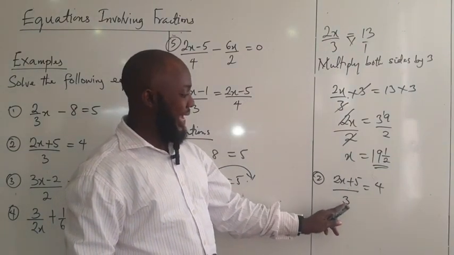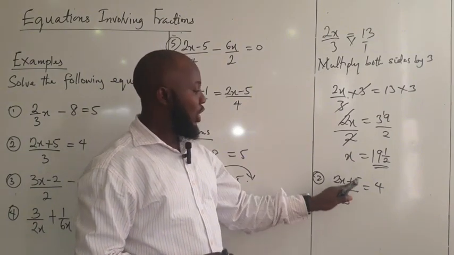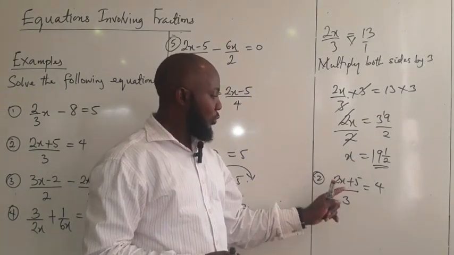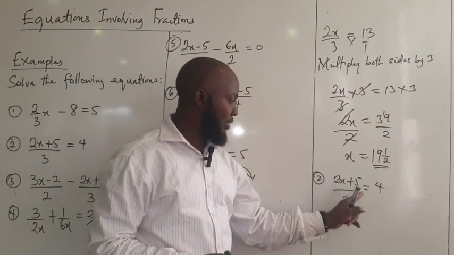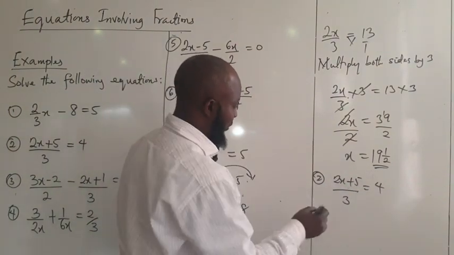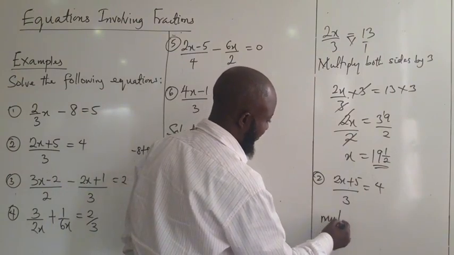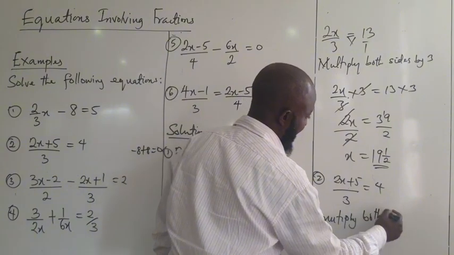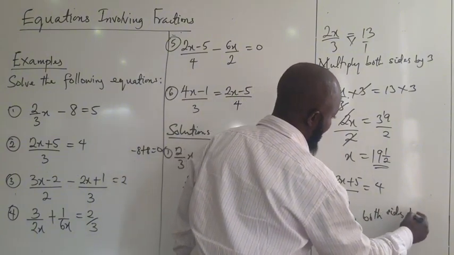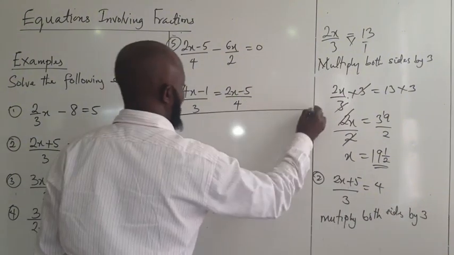So we're going to cancel the denominator. We want to remove the fraction. The denominator is 3 here. So in this case, we also multiply both sides by 3. So we say multiply both sides by 3.